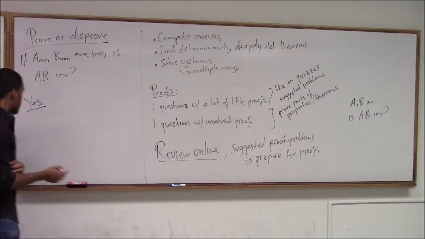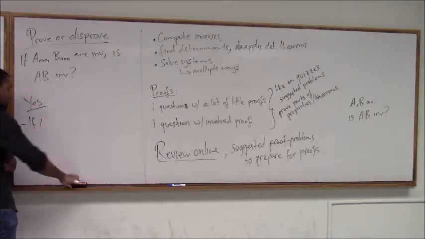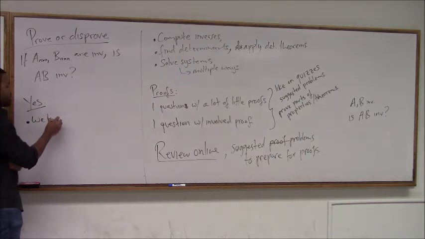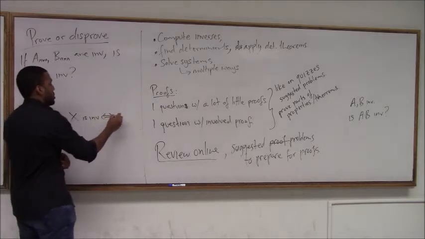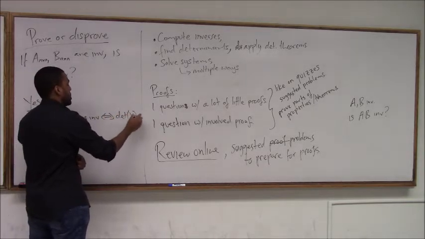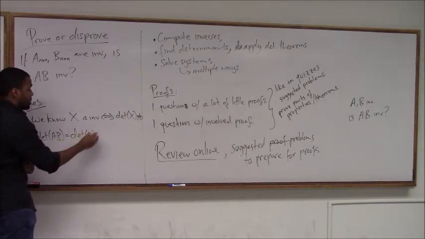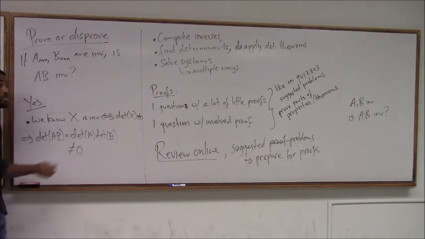You would first state: we know x is invertible if and only if the determinant of x is not 0. And then we can show that the determinant of AB is, by the determinant theorem, the determinant of A times the determinant of B, which would not be 0 because individually these are not 0.